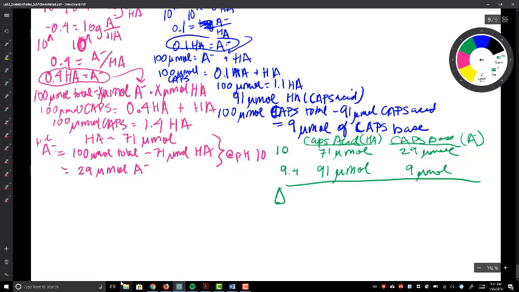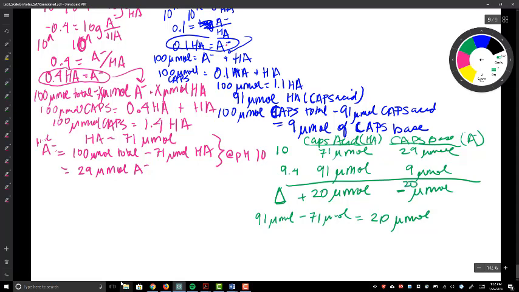And so if we look at the difference, we subtract the final minus the initial, so 91 micromole minus 71 micromole. That gives us a difference of 20 micromoles. So in this case, we're adding 20 micromoles. And in this case, for the caps base, we're losing 20 micromoles.